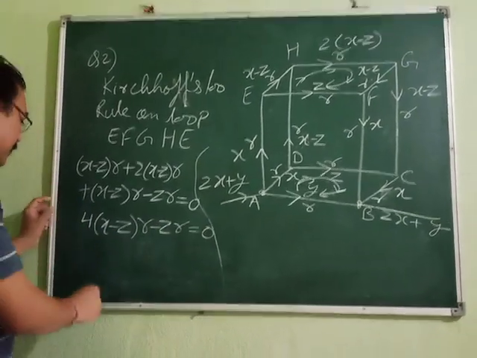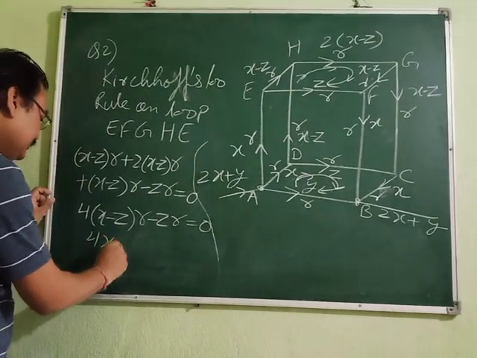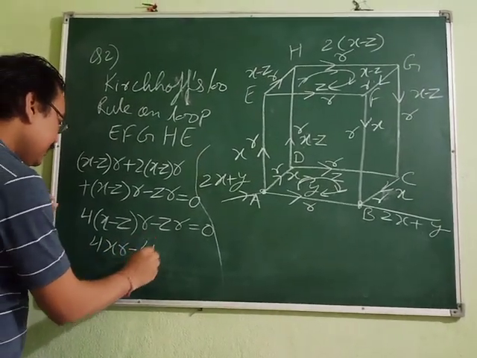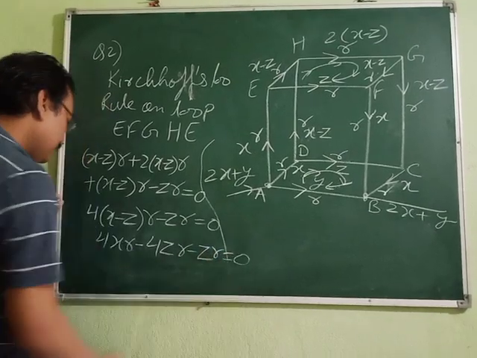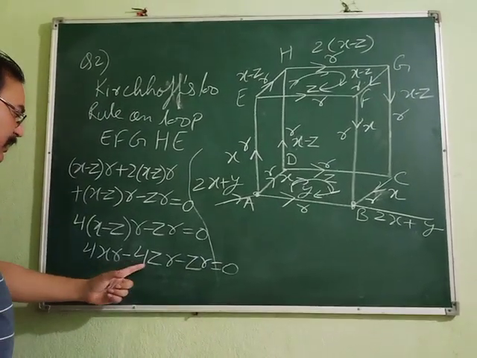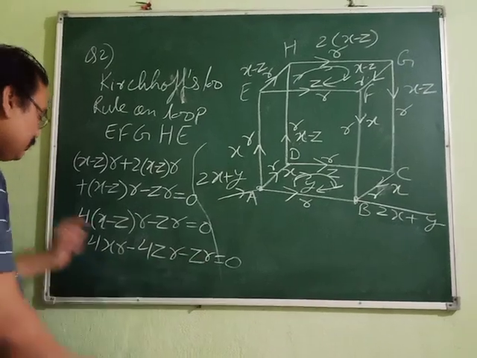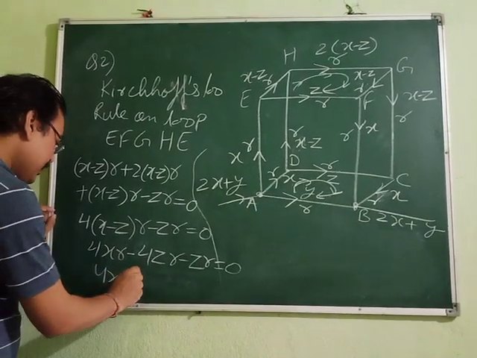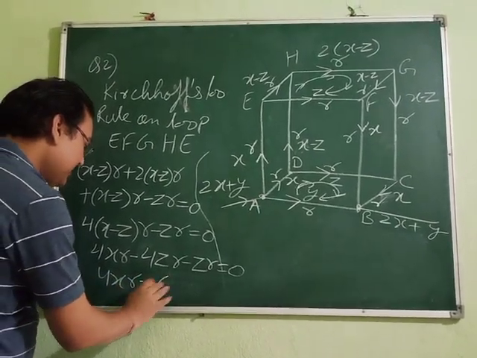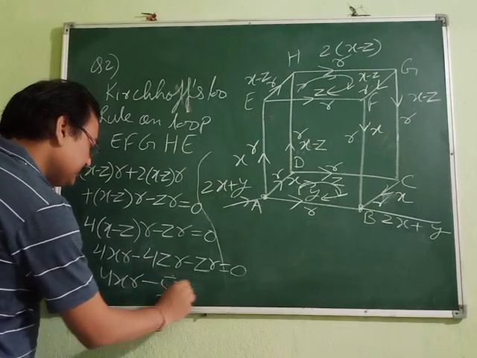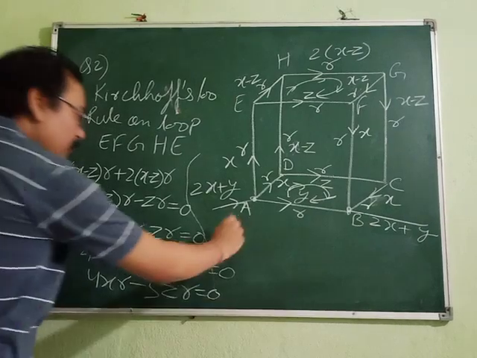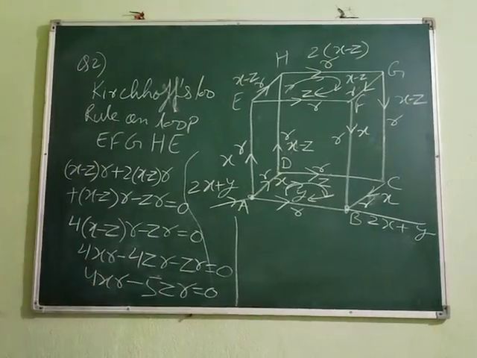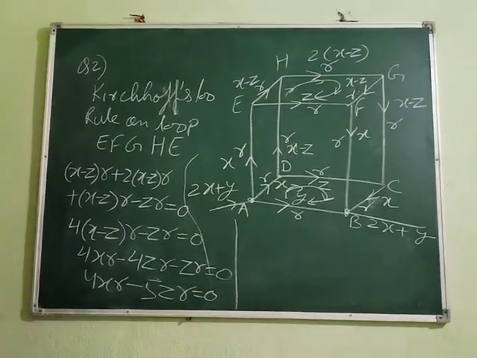Now from here we can multiply, so we will get 4XR minus 4ZR minus ZR equal to 0. Now what else will we get? This minus 4ZR minus ZR, so we get 4XR minus 5ZR equal to 0. Now from here, we can take it to the other side.